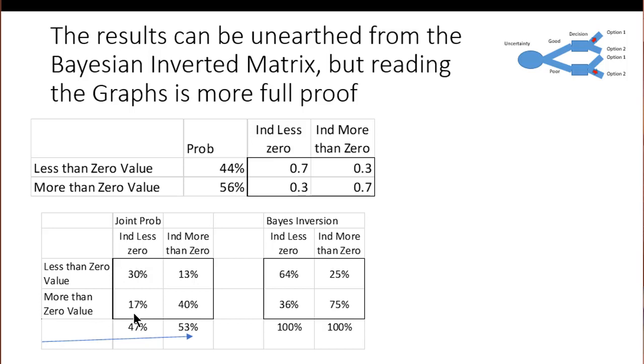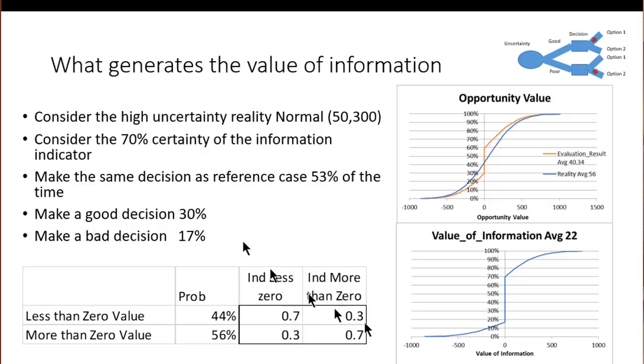It's 17% of the time. And that's when we make the bad decision. We think it's less than 0, but in reality it's greater than 0. And that is causing this 17% downside here. So as you think about the value of information, you have to ask the question, yes, I like the positive 22, but recognize in some cases I could have a really bad outcome or not realize I lost an opportunity to make money.